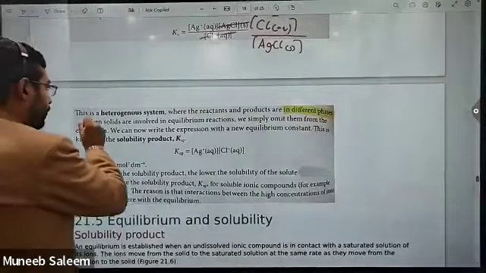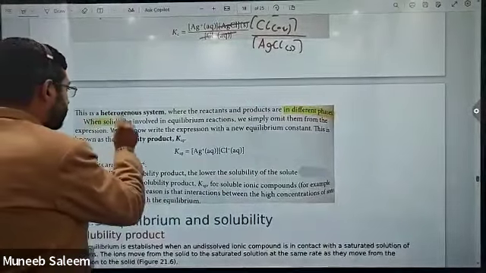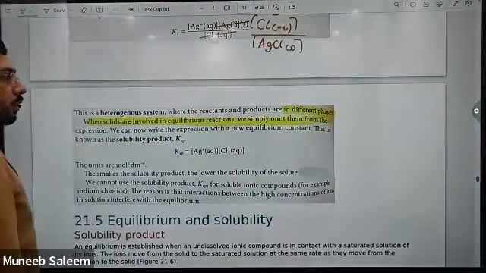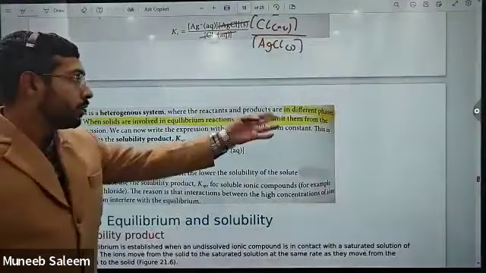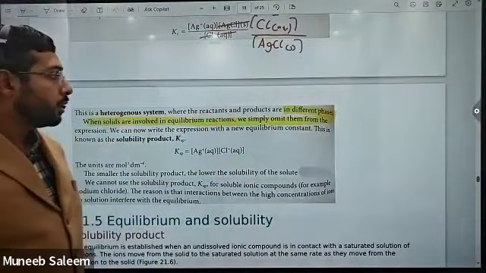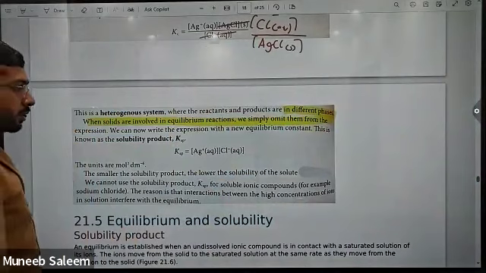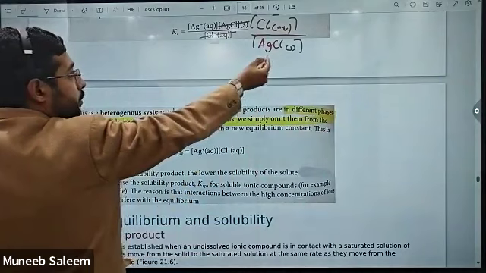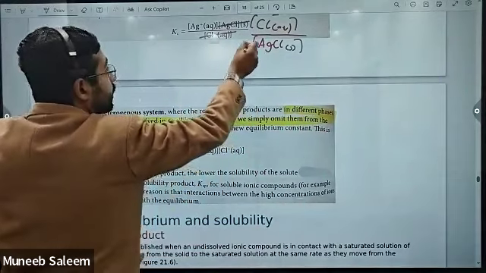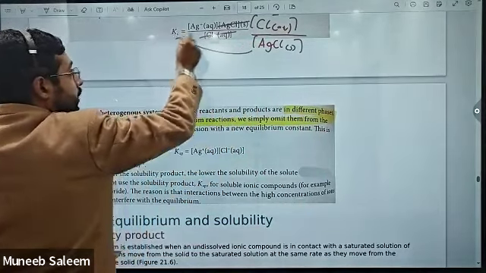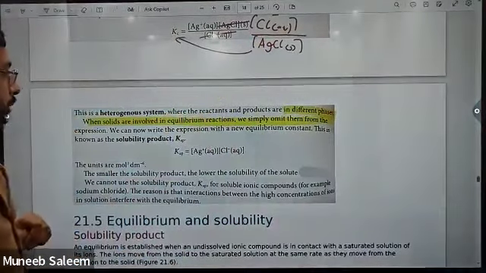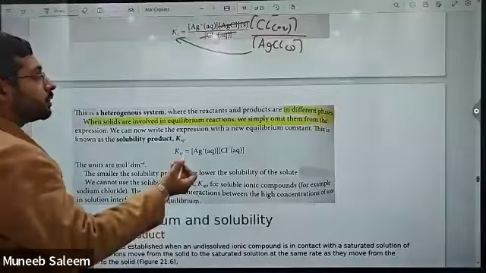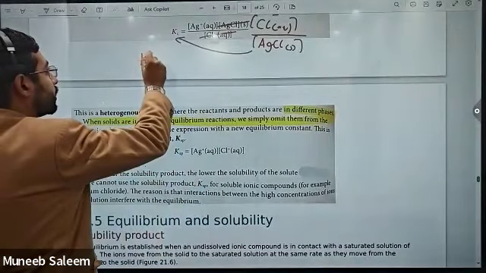When solids are involved in an equilibrium reaction, we simply omit them from the expression. So solids will not be mentioned in the equilibrium expression. To remove that solid form, we can simply multiply this expression with Kc. AgCl in the solid form will be multiplied by Kc. And as a result of this, we get a new expression that is called Ksp.